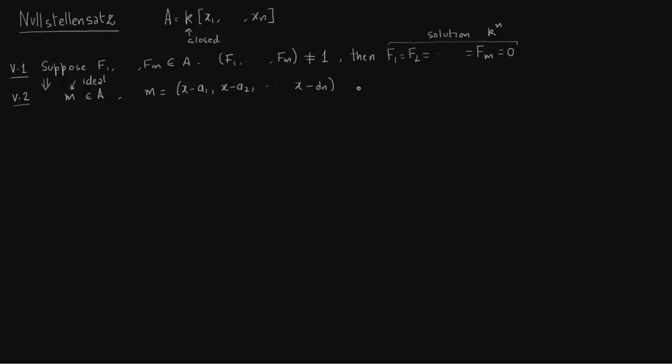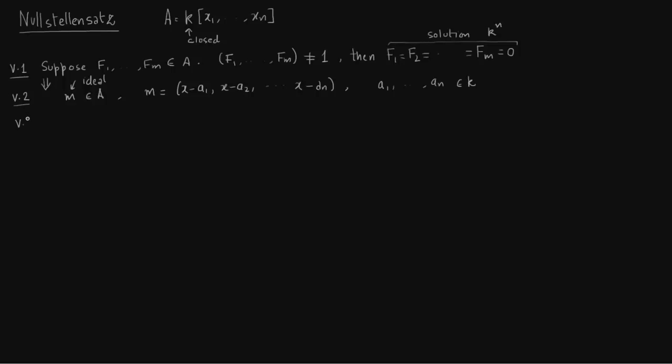And this is the solution. You can say this is just a tuple in Kn, or you can say these are elements of K, just like above. So version 2 is nothing but a consequence of version 1.